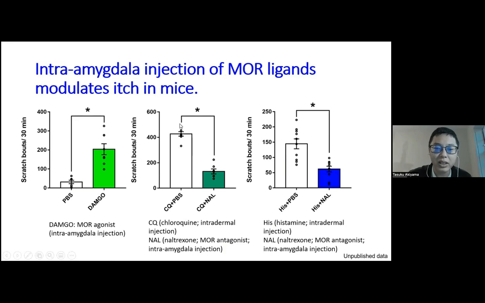Then now we see the significant reduction of the chloroquine-induced scratching by naltrexone pretreatment. Similarly, when we inject histamine, we see the reduction of the scratching after the naltrexone treatment.